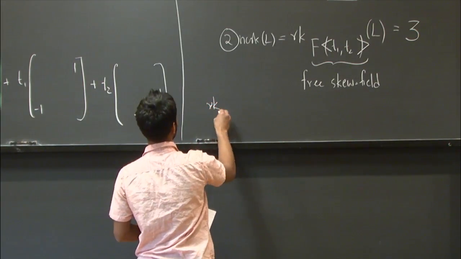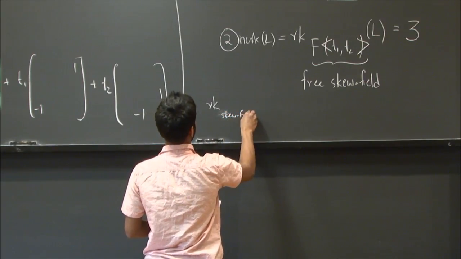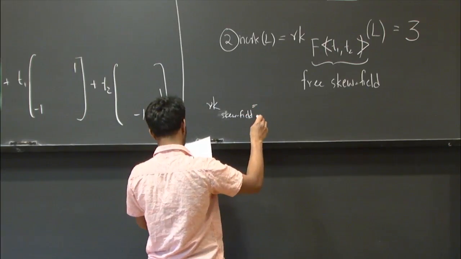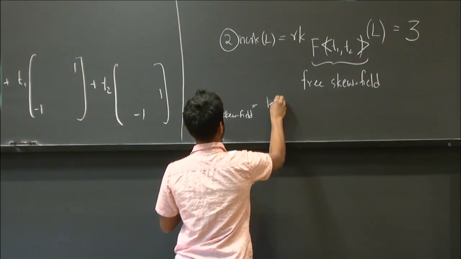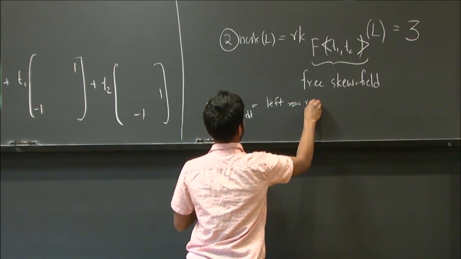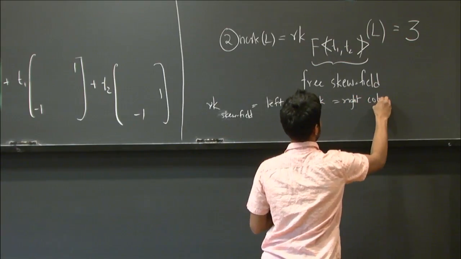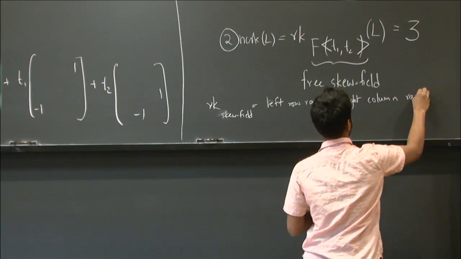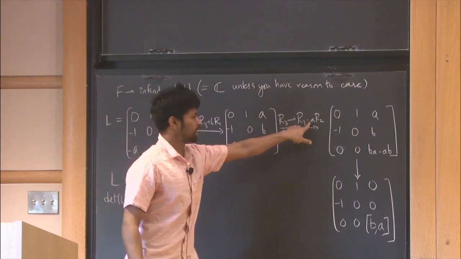In rank over any division algebra, any skew field, we will take this to be what I call the left row rank, which is equal to the right column rank. Left row rank means you can check for linear dependencies, but only by multiplying on the left. The coefficients have to be multiplied on the left, and that's exactly what I did here. The B and the A came on the left.